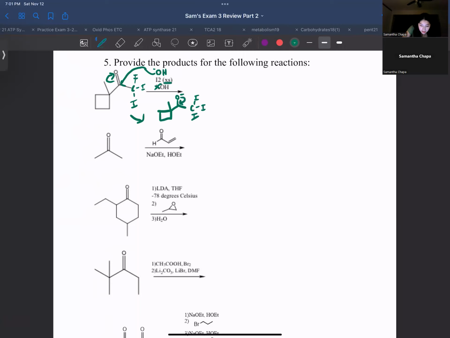Reform my carbonyl and take off, I forgot to add my OH since it attacked. Reform the carbonyl and kick off the leaving group. So now I have a carbon with 3 iodines, and it's negatively charged, right? Since I'm taking these electrons from this bond and putting them on my carbon.